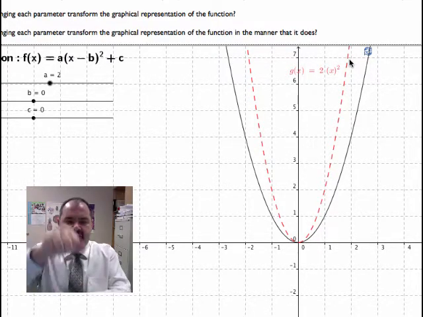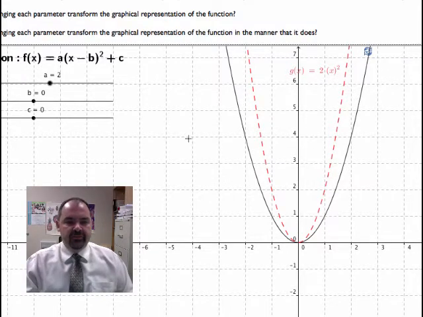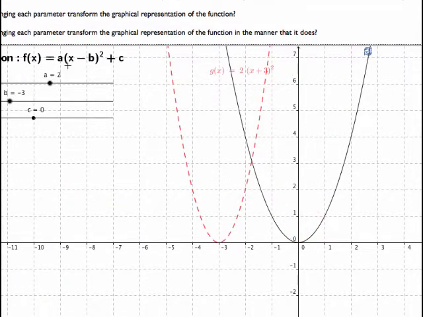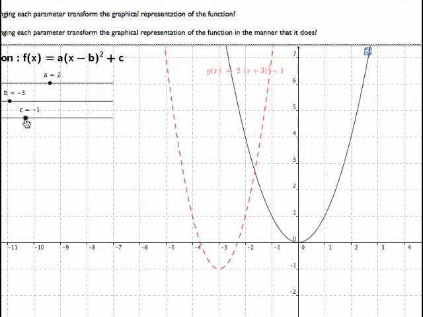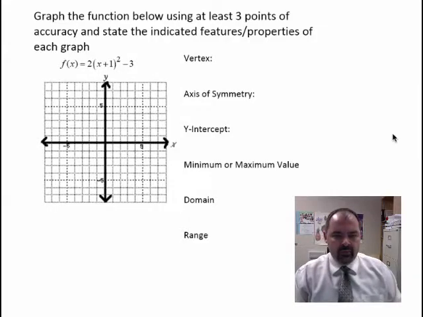Think of it stretched vertically this way by a factor of 2. If I change my b to -3, x minus -3 shows up as x plus 3. I've shifted my graph 3 units to the left. And if I change c, let's say, to -1, I'm vertically translating my graph 1 unit down.